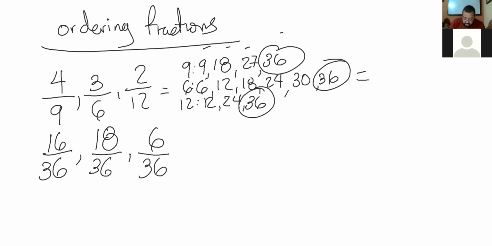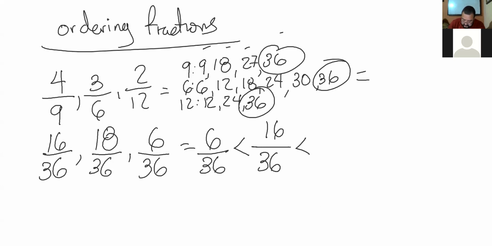Now we can compare those 3 numbers. We know that 16 is the least of the 3. So we're going to write 16/36 that is less than 18/36 that is less than 12/36.